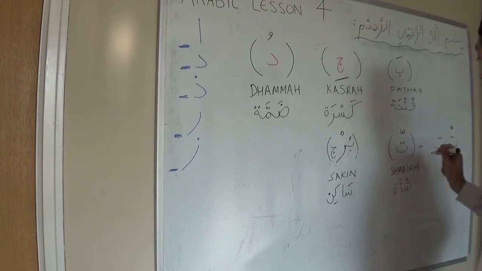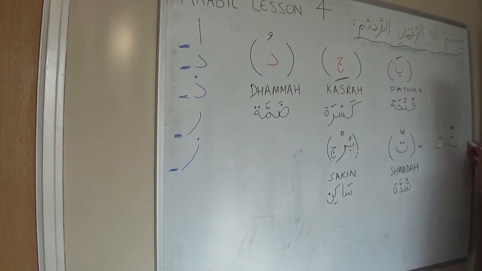So sakin is when we have this. Let's use a ba before it and join it all together, which is the equivalent of ba and ta with the shadda on top. So you could have batta, batti, battu. Batta with the shadda on top is more or less the same as writing twice. Writing twice is wrong, so let's write it like this.